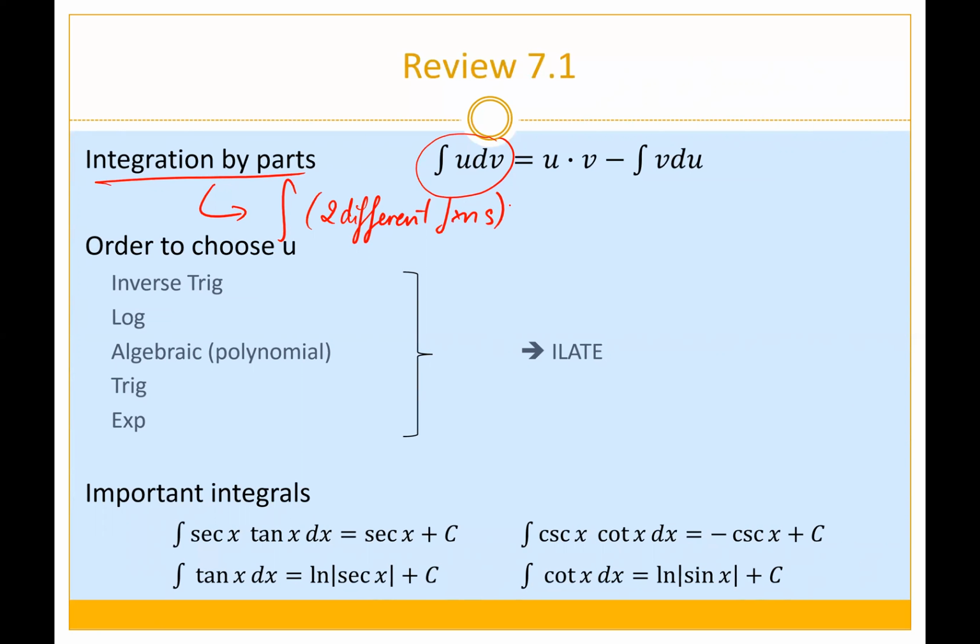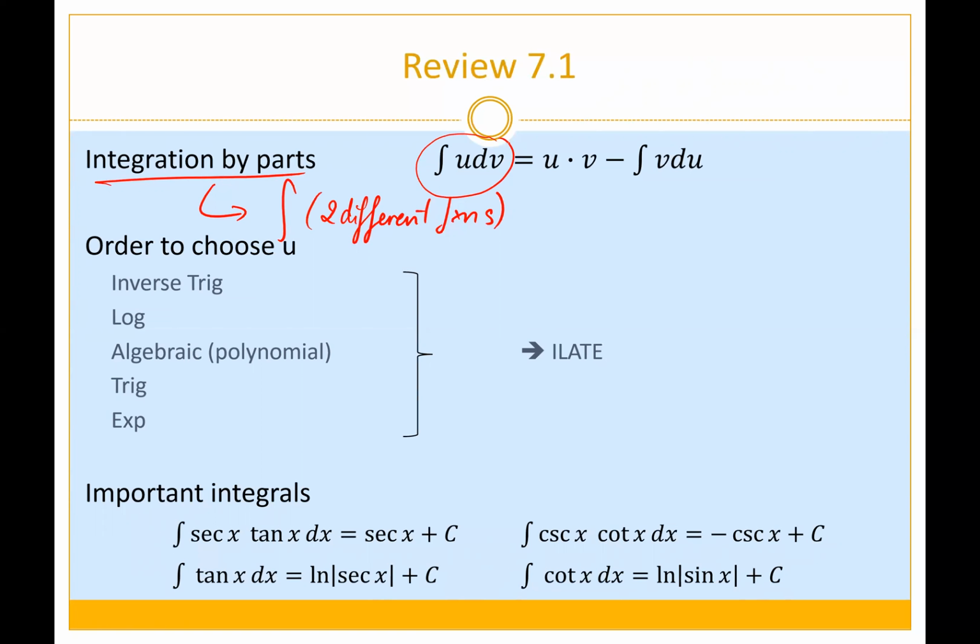Most of the time, it is really easy to see that there are two different functions in your given problem, but sometimes it can be very subtly shown as well. I think it's going to come a lot from your practice. So do a lot of practice, and usually if you see an integral that is super short, where you only see one function, but you don't know how to find it because it's not a basic integral, then most likely you have to use integration by parts.